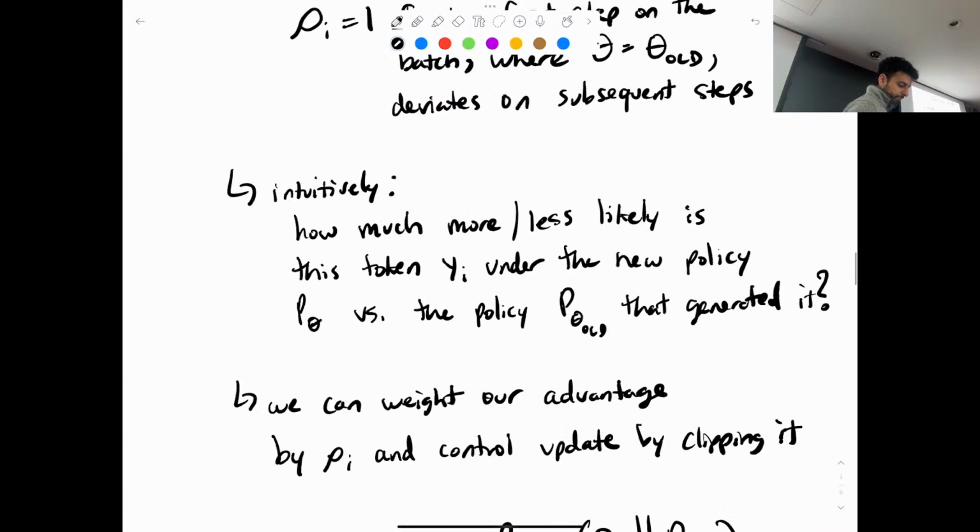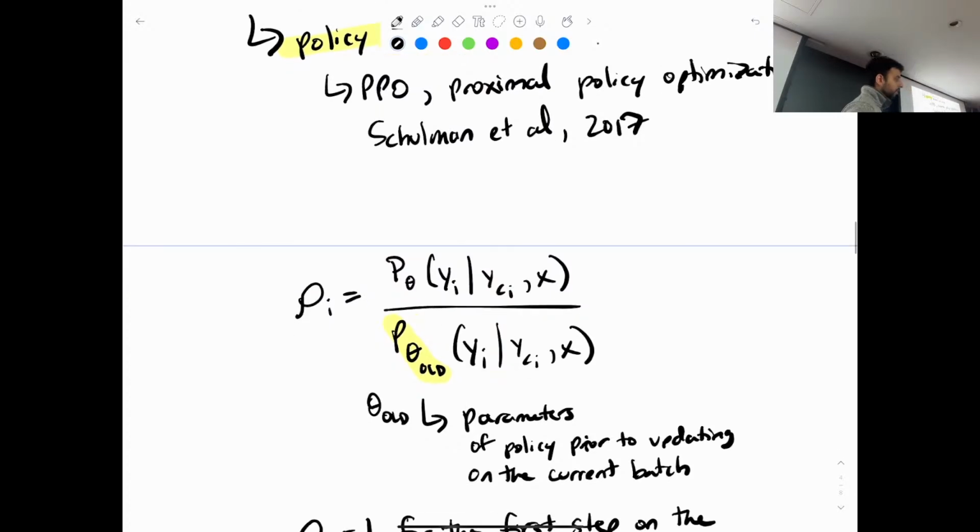how are we sure that the new model is going to generate that same response, the yi? The question is, how are we sure that the model is going to generate that same response? We don't need to be sure of that because we already know the yi that was sampled; it was sampled from the old policy.